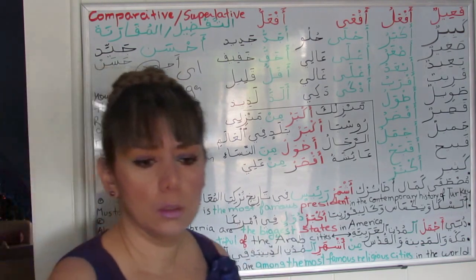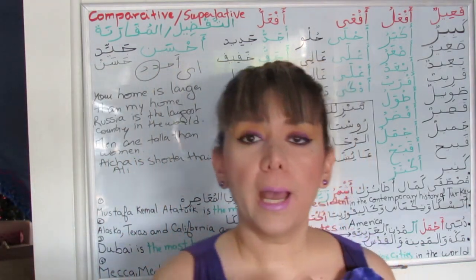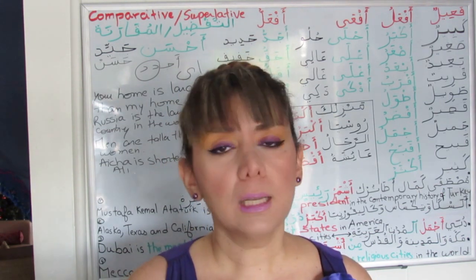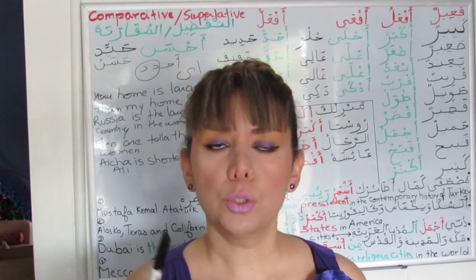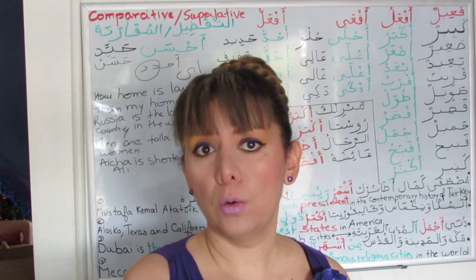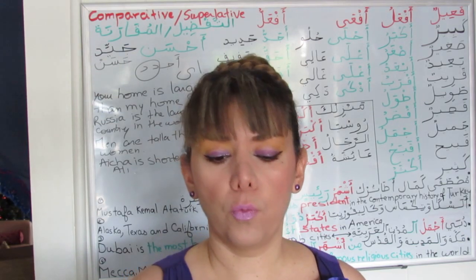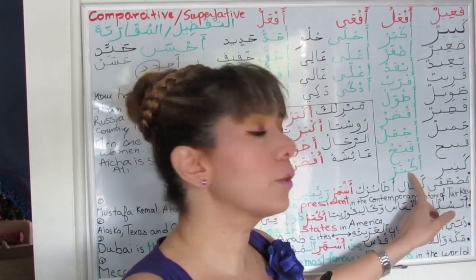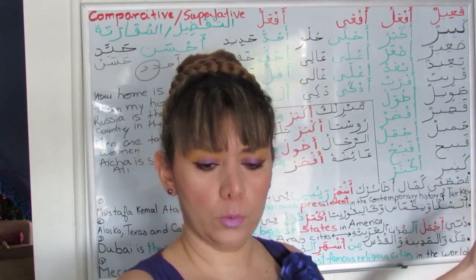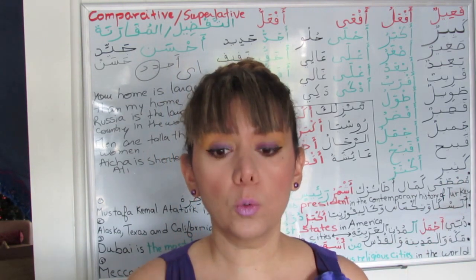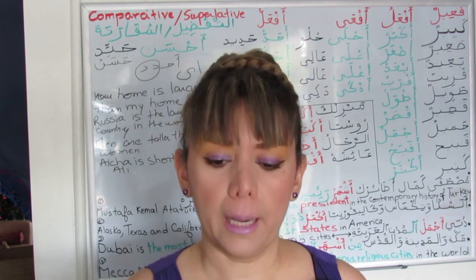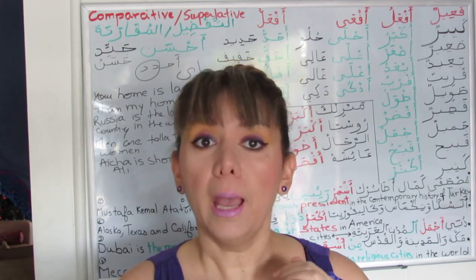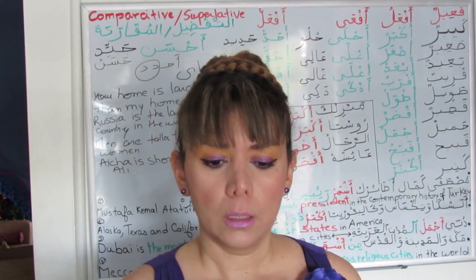Among. When we have long adjectives containing 3 or more syllables, we cannot use the أفعل form. Instead, we use أكثر, more or most, followed by the verbal noun derived from the adjective and min.